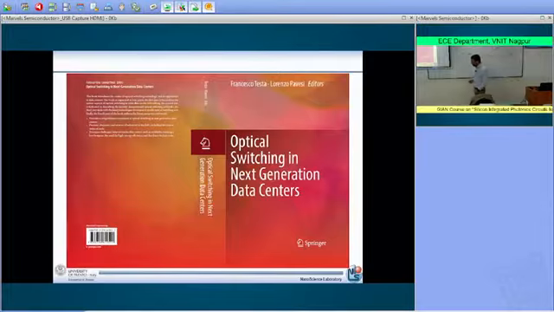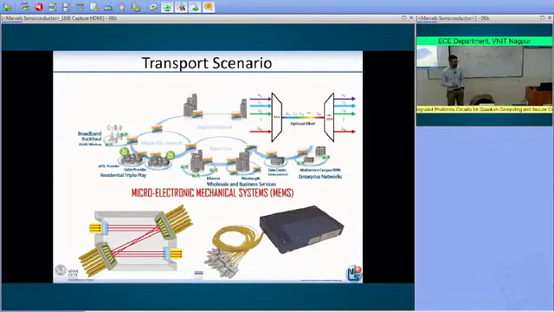The motivation of the work that I'm going to introduce is associated with the fact that in optical communication you have nodes, and those nodes need to be reconfigurable, meaning that you want to connect any direction with any direction in an easy and reconfigurable manner.